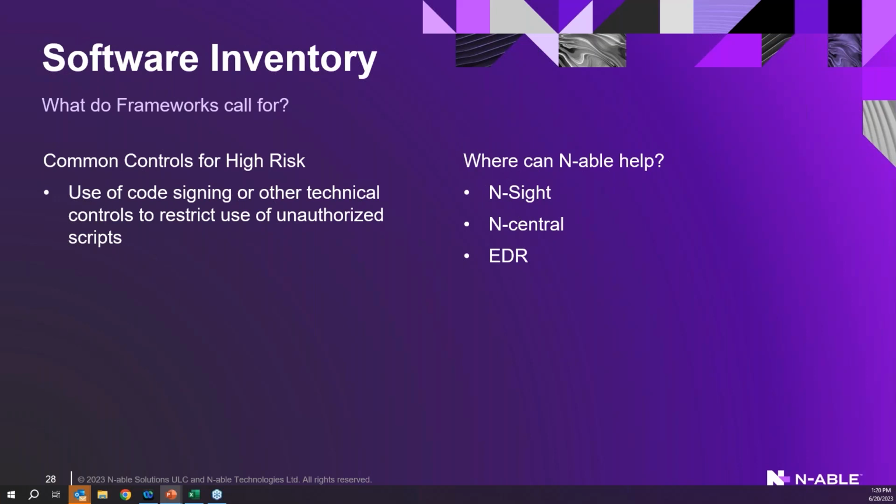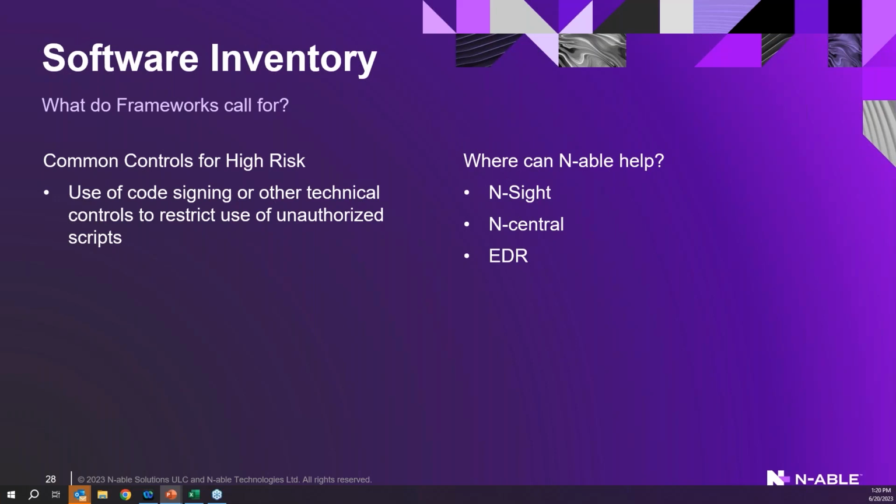And the nice thing about having N-central or Insight in play is you're able to use our agents to run the PowerShell codes or the automation manager codes, and you'll be able to be more aggressive with your do not run unsigned PowerShell configuration options.